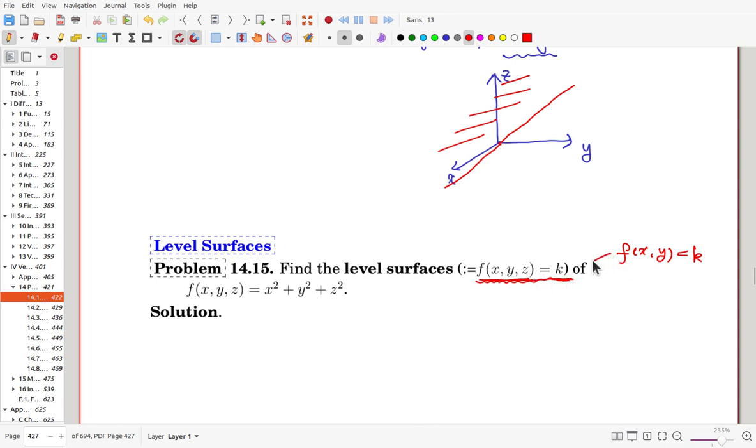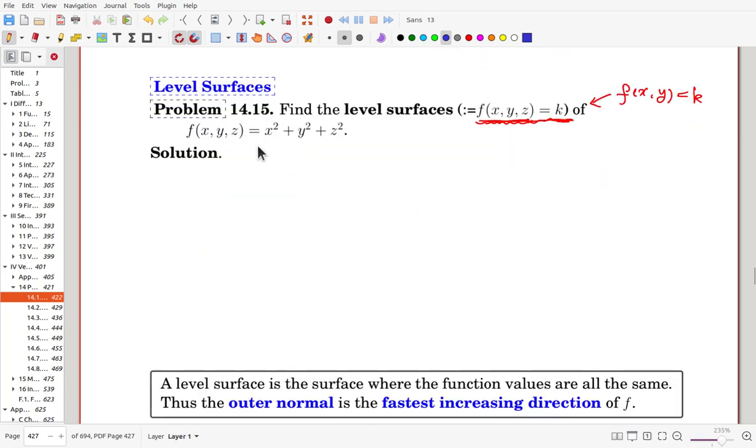So that is just a simple extension of level curves. Because that makes curves, we say level curves. Now this makes surfaces, so we call them level surfaces, but the idea is basically the same.